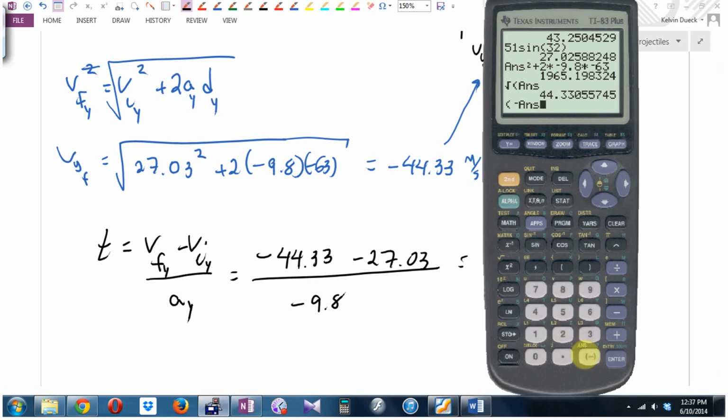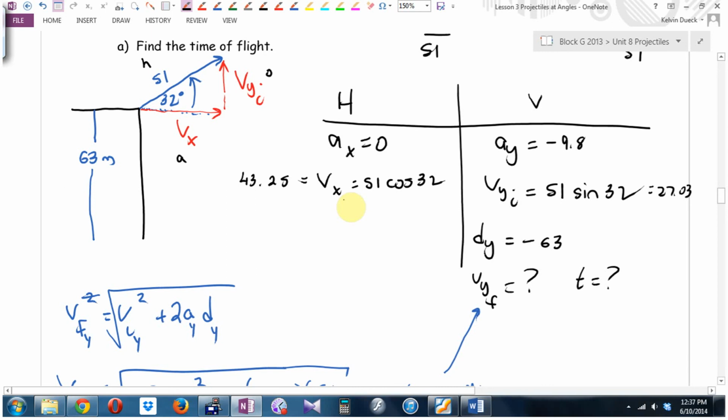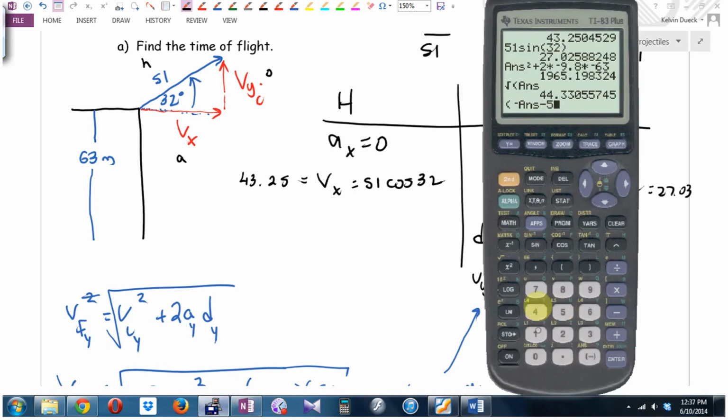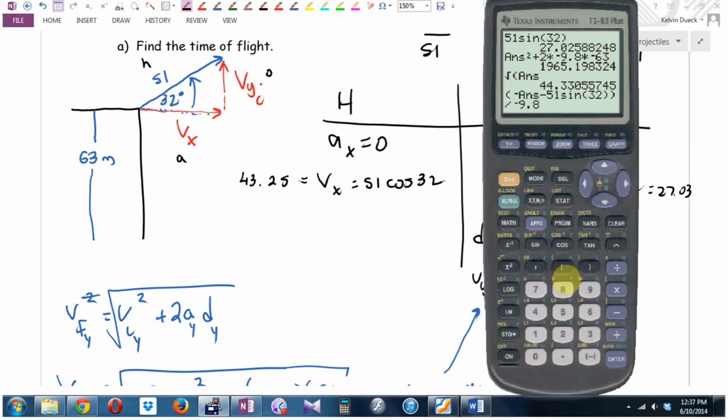If I really wanted to be accurate, instead of typing 27.03, I could type minus 51 sine 32 divided by negative 9.8. That'll be accurate to however many sig figs I need, or you could use the 27.03, just fine as well. Do you get 7.28? Yep. Okay.